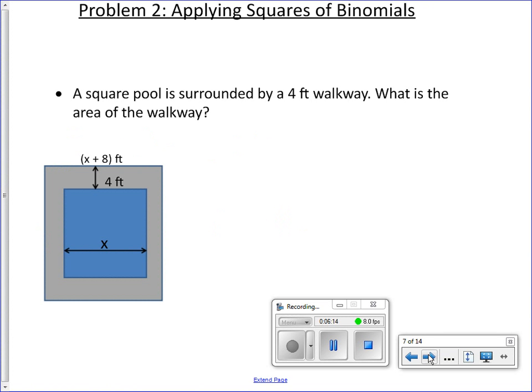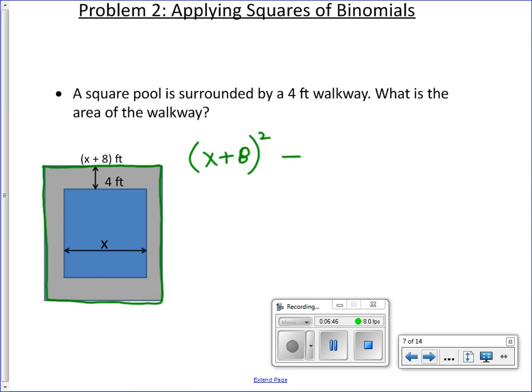All right, problem 2, we're going to apply this to a geometry problem. We have a square pool surrounded by a 4-foot walkway. What is the area of the walkway? Well, what we're going to do is take the area of the larger square, which is x plus 8, and we're going to square that in order to get the area of the large square.